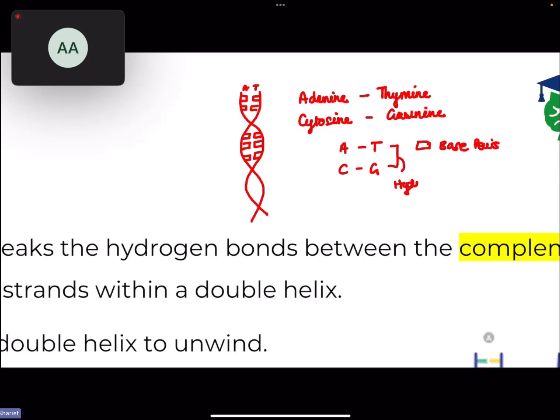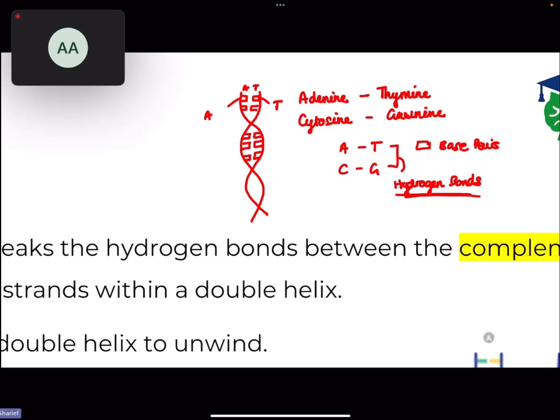We saw that in our last lesson, and these hydrogen bonds ensure that the bases of the complementary base pairs are held together. When A pairs with T, let's call this A and this square T, we don't want them to break apart. That's why the hydrogen bonds are present between A and T, to hold them in place and to hold this double helix in place.